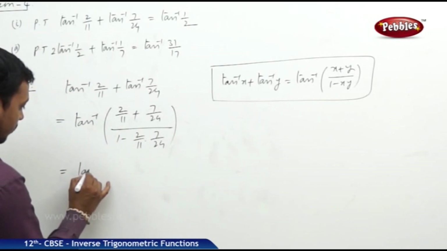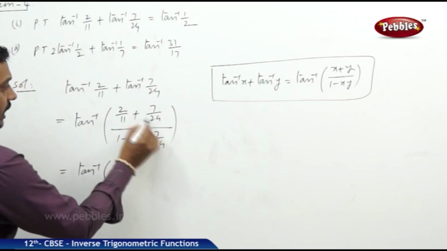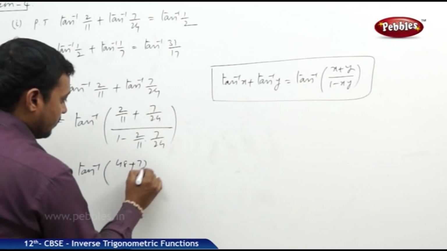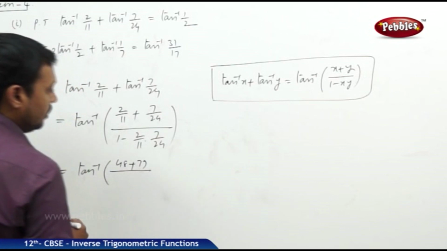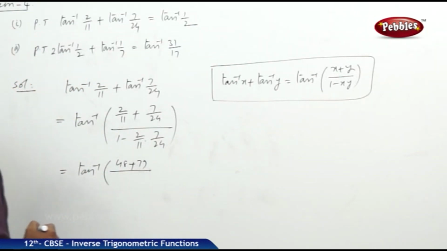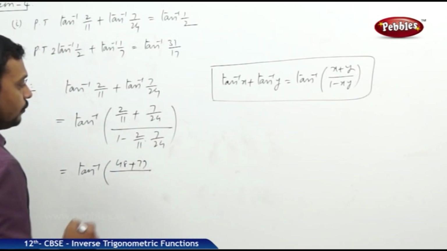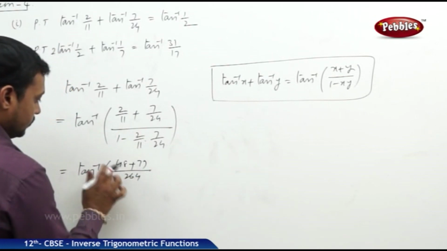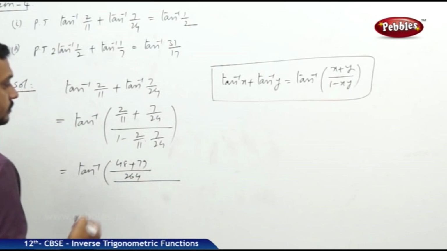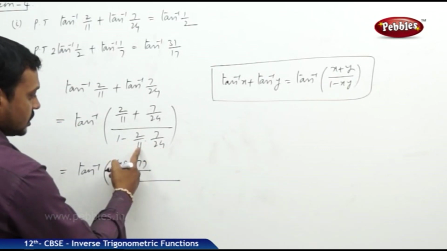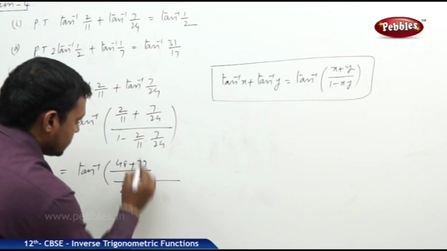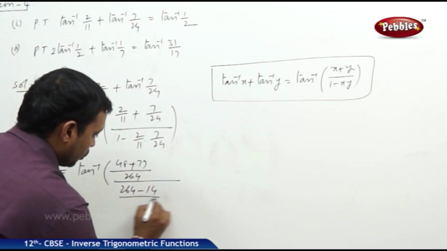Now this is tan inverse of, while taking LCM, it is 48 plus 77 by 11 into 24, which is 264, whole divided by 264 minus 14 by 264.